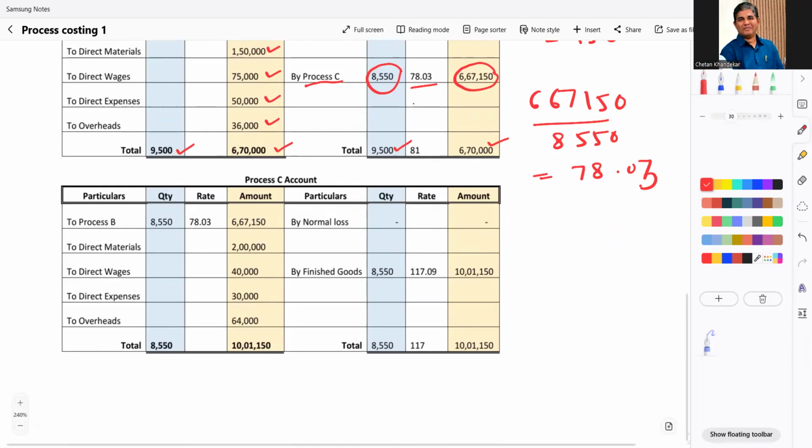In process C, you can see this amount is transferred from process B at 78.03 and the amount is 6,67,150.